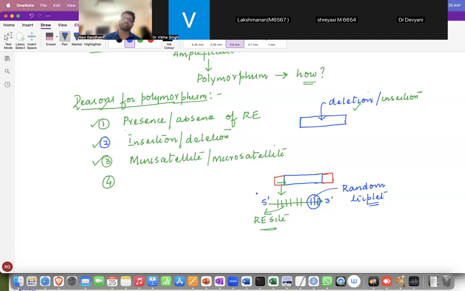To reduce that, people have used a triplet, thereby reducing the probability of the primer binding to almost all the fragments. Because of this random triplet, they sometimes will not bind to your adapters, and those that are binding will amplify. So what is this? The variation in the random triplet that is there, right?